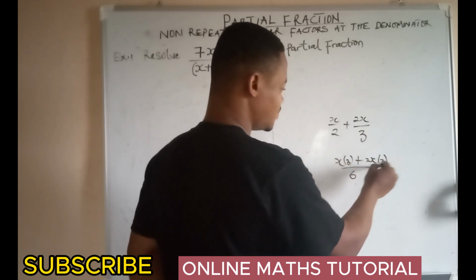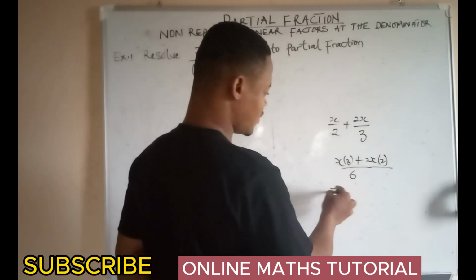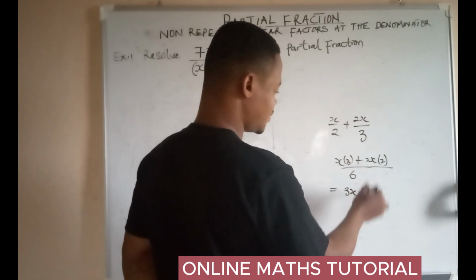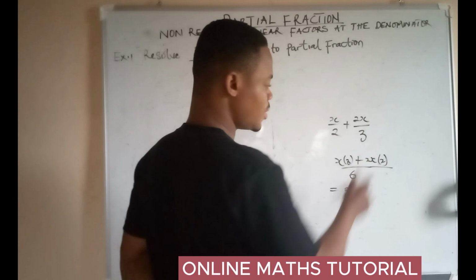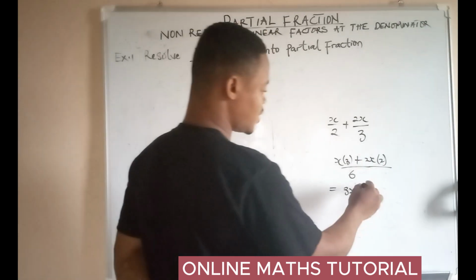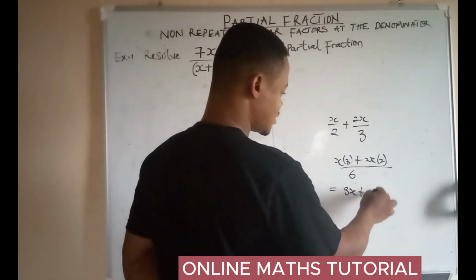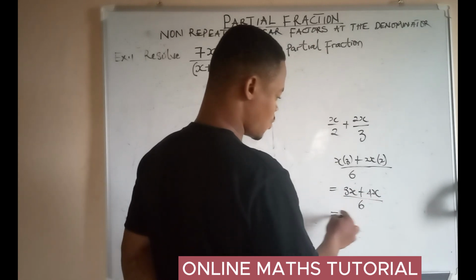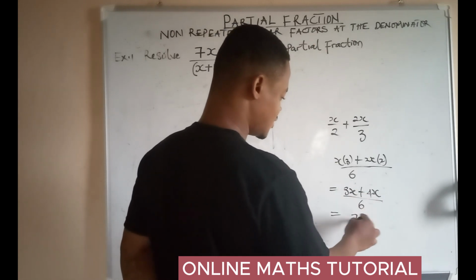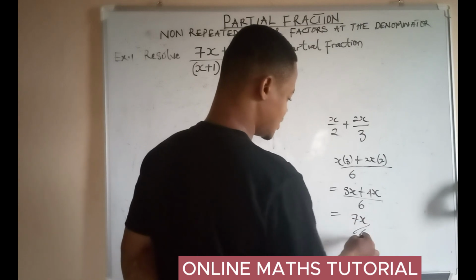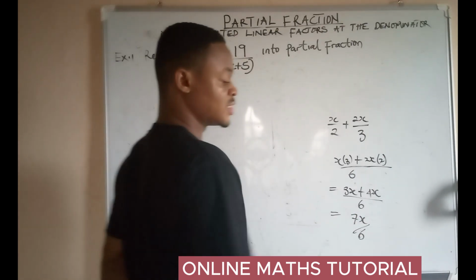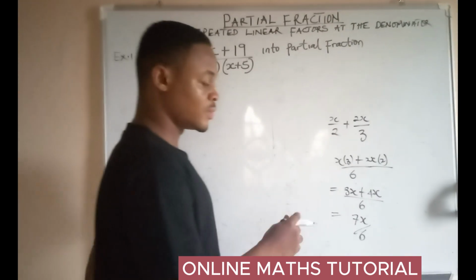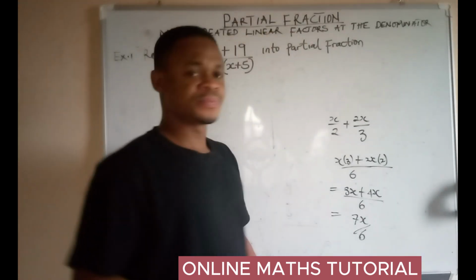So x times 3 will give us 3x, plus 2 times 2x will give us 4x, all over 6. And this is equal to 7x over 6, which we can still break down further to 1 whole x over 6.